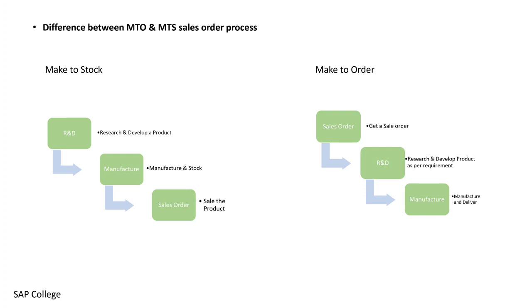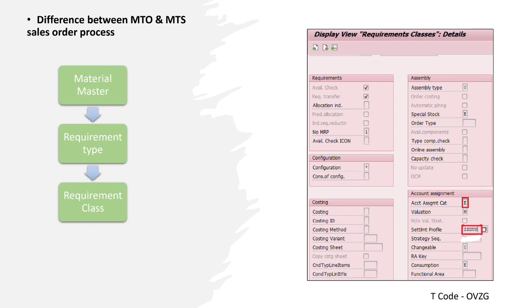Now, since we know the difference between MTO and MTS processes, we will see how these are separated from each other in SAP. The material determines whether a sales order is going to be considered MTO or MTS. From the material master, the requirement type is determined, and from the requirement type, the requirement class is determined.